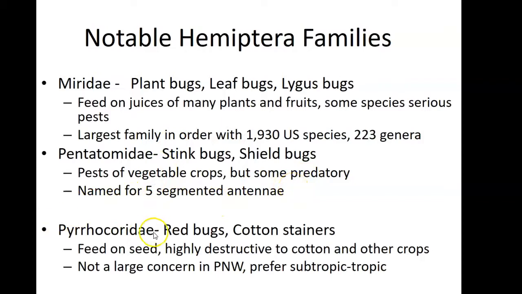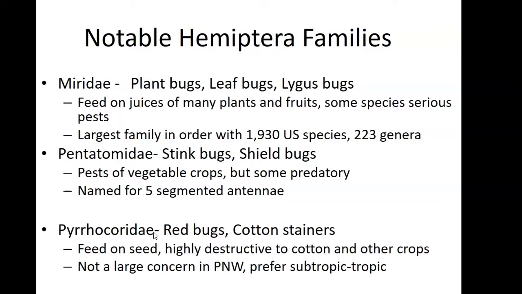The last one that we have in that family is actually a cotton stainer, and I'm trying to think of, for some reason it's not right with the other ones. I'm looking for where it is, the cotton stainer.